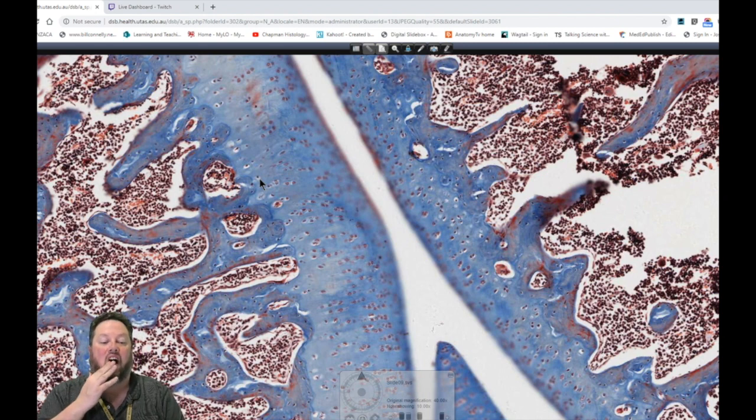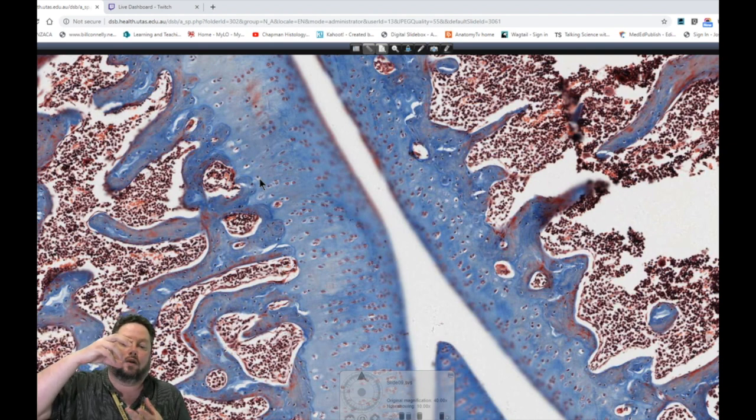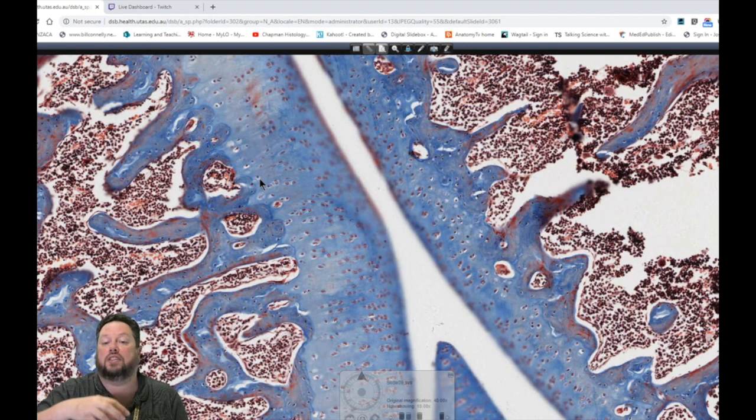So if we think about endochondral ossification of our long bones, it starts off with this hyaline cartilage model, and eventually we get these little ossification centers. It starts off in the shaft of the bone, and that forms the primary ossification center. So the shaft of the bone gets replaced.